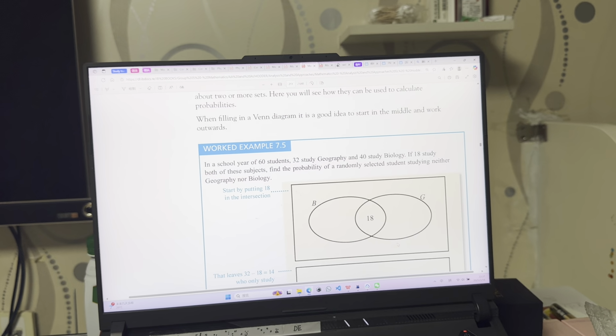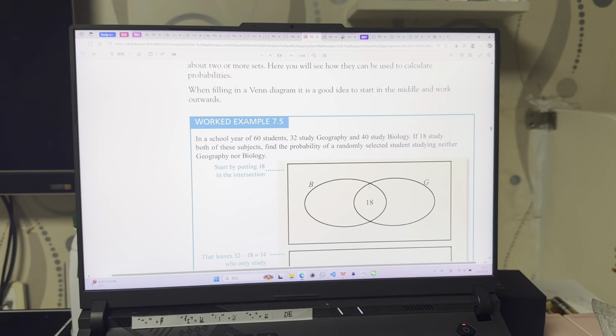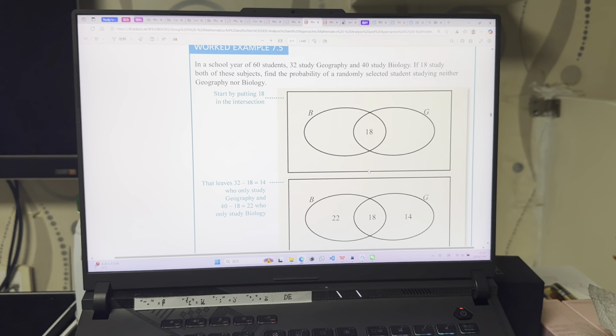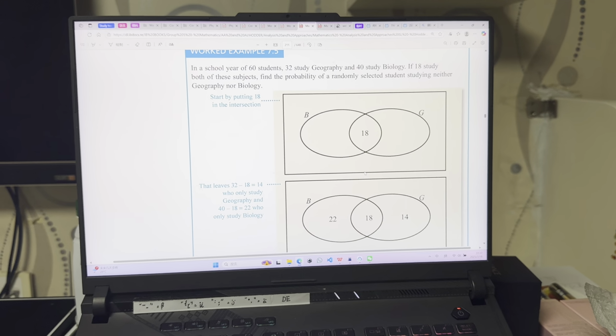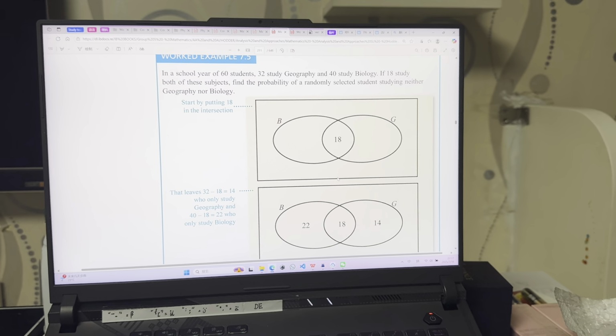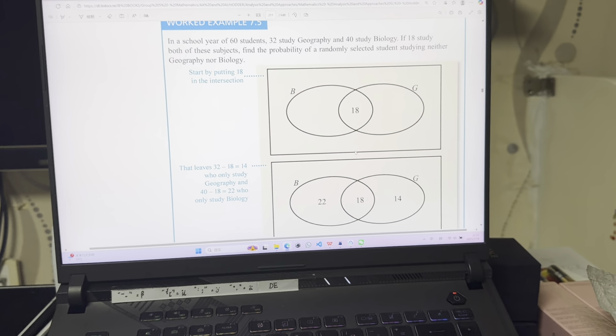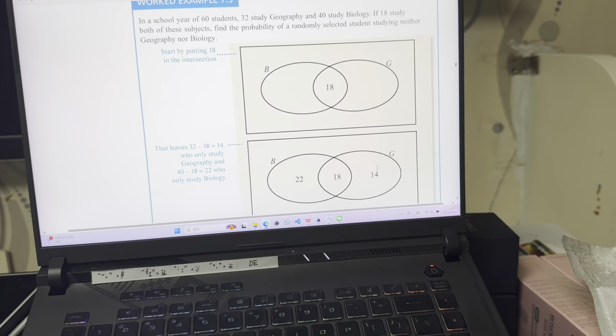The whole of B is 40, and using the same method, this area will be 22. Oh my god, B is biology, G is geography. I thought geography was the left side and biology the right side. Never mind. So here will be 22, here will be 14.